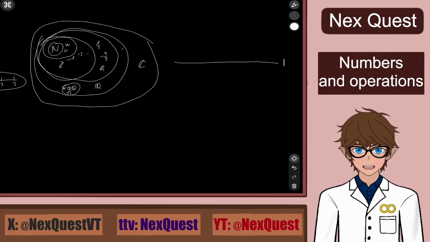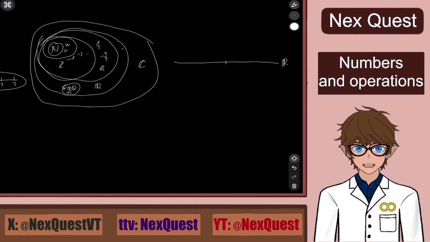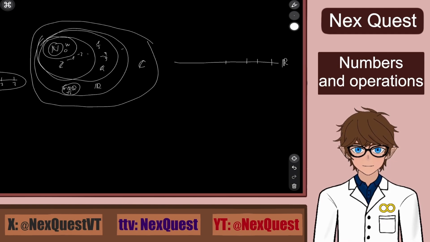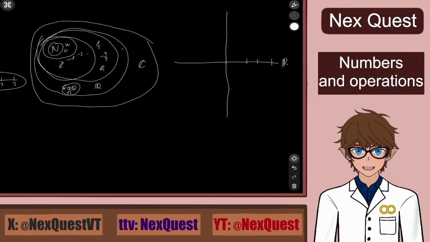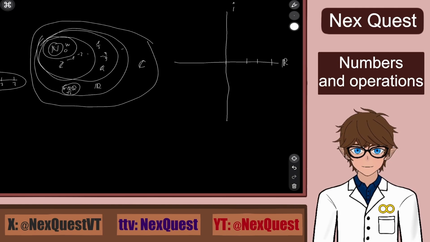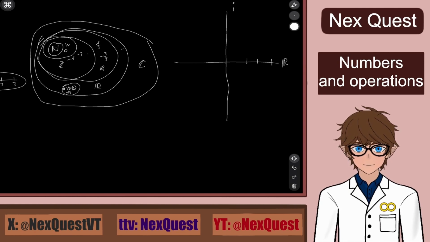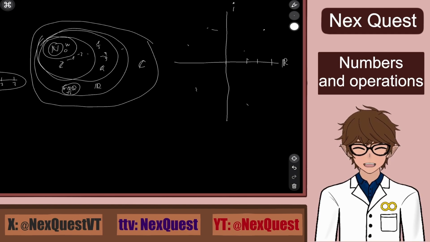Well, let's say this is the real number line. 0, 1, 2, 3, whatever. For complex numbers, you add another dimension to that with i as a unit. And any number anywhere in the space is complex.